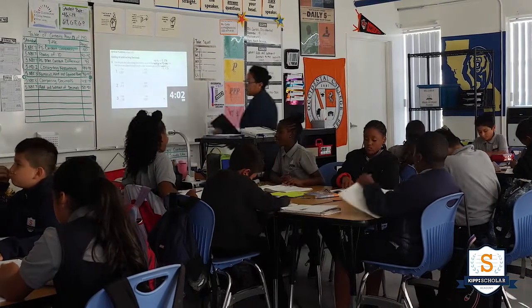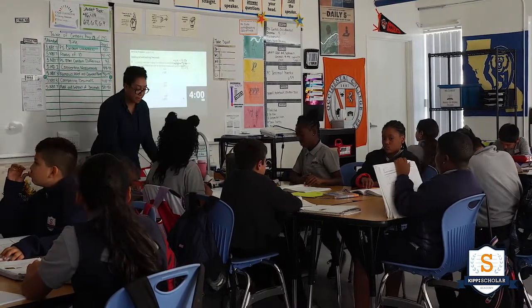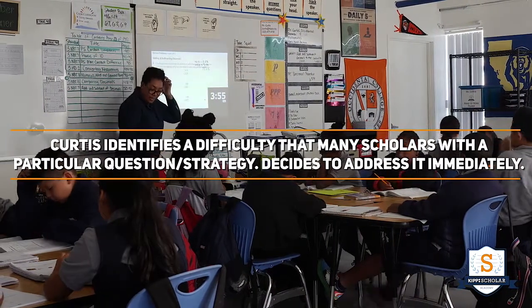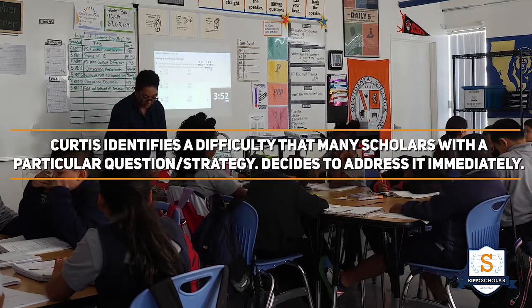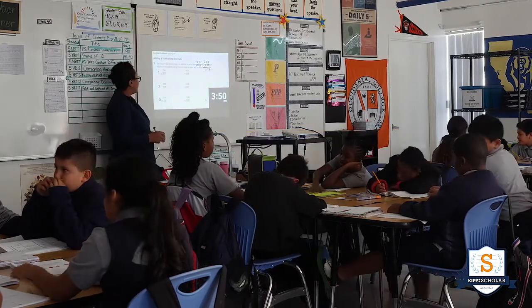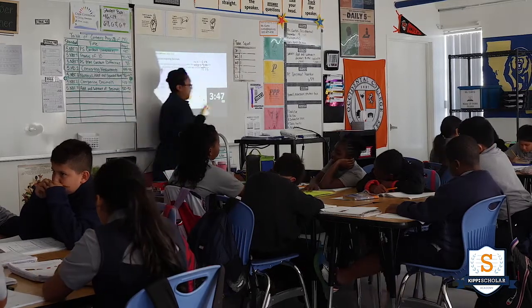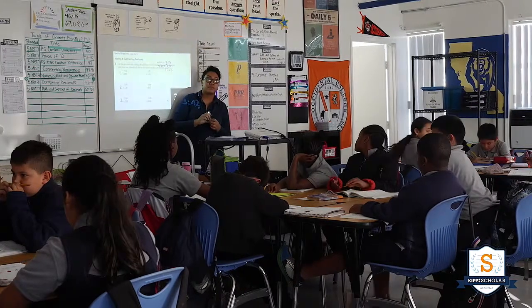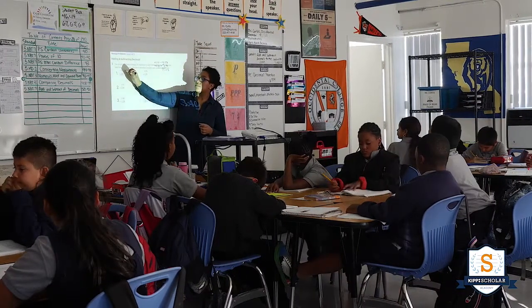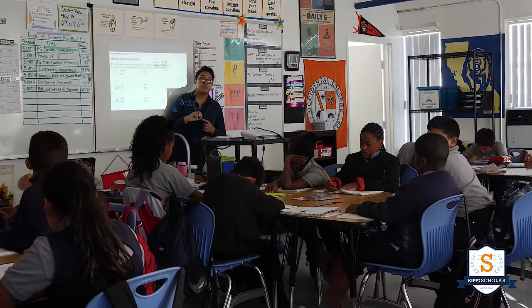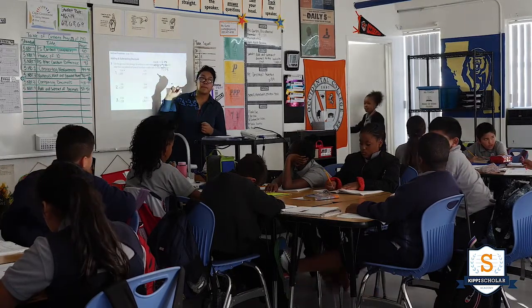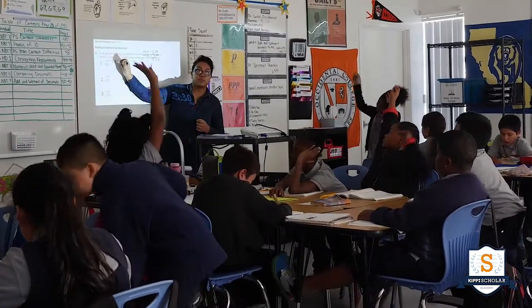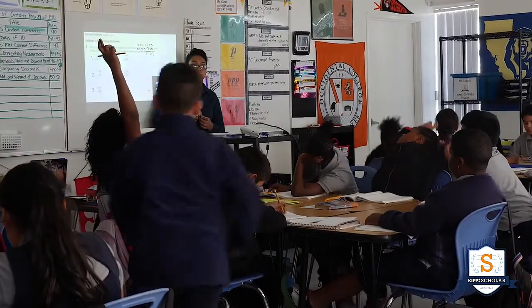Alright, I've seen a lot of people struggling with the first one. Some people have it. So really quick, this one. Alright, Daniela, tell us what did you do for this first problem? So what I did is, 75 and 6 tenths, I subtract 0 and 5.